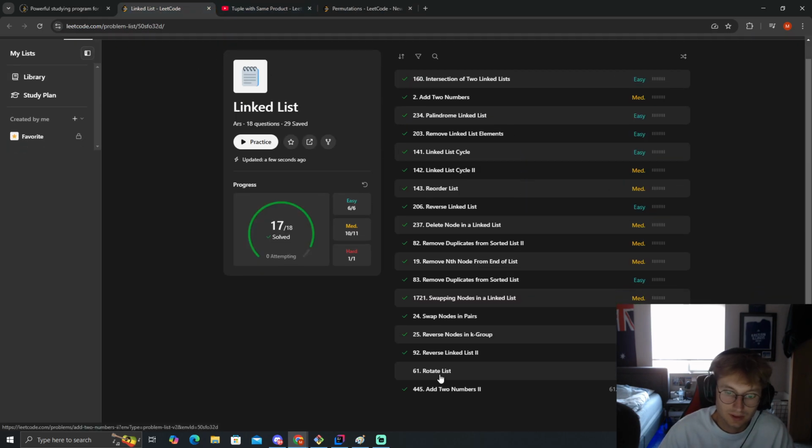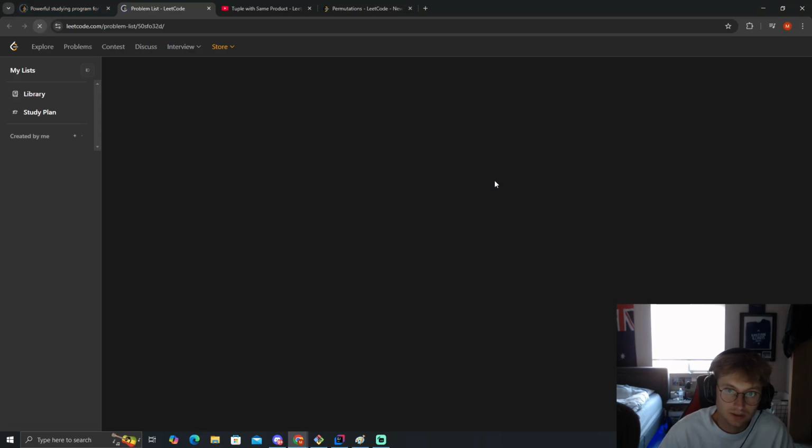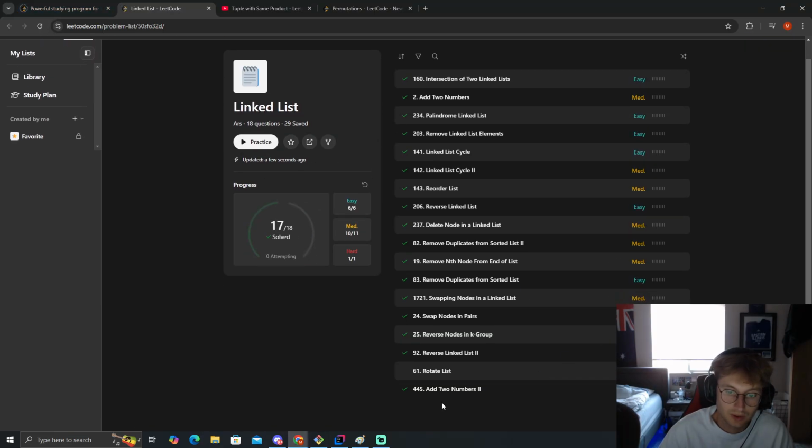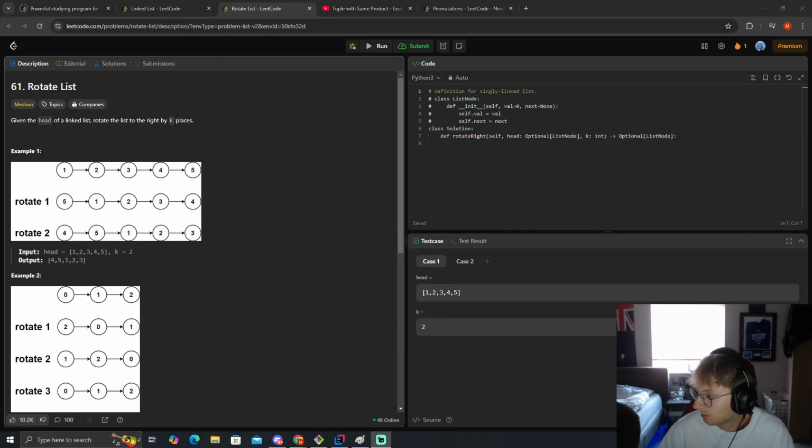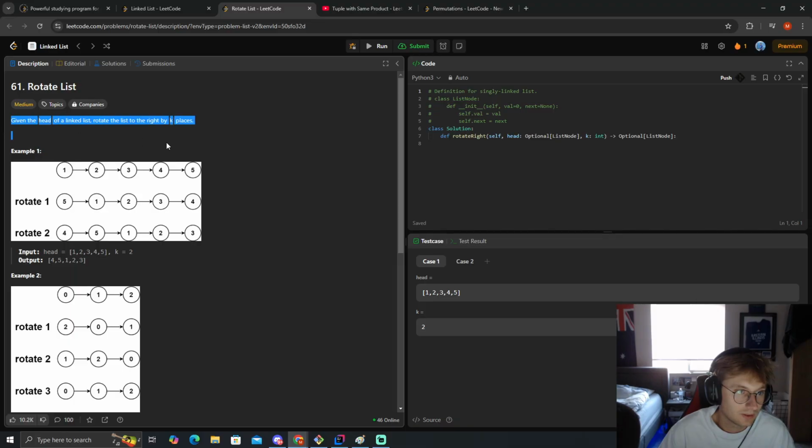Anyway, let's check out some more linked list problems. We got one more here, so let's just finish it. Why not? How long have we been going for? About 40 minutes. Let's take a look at this one. Given the head of a linked list, rotate the list to the right by k places. We got a k, we have a head.